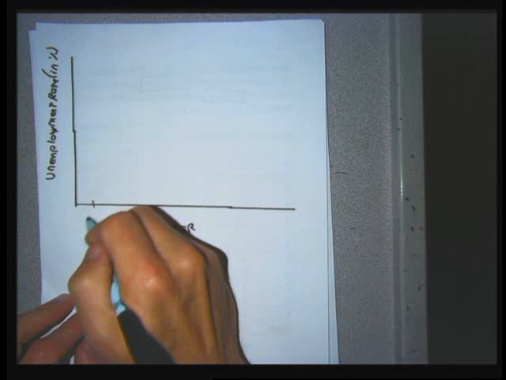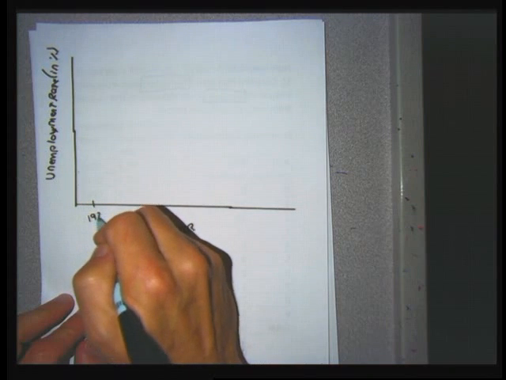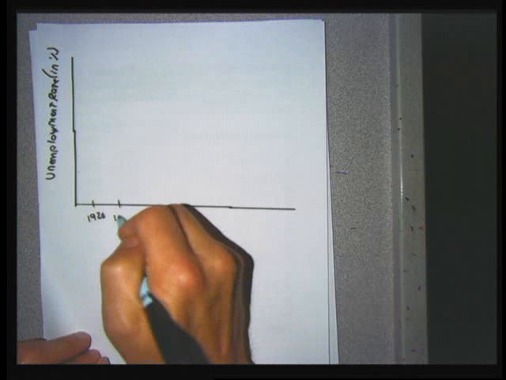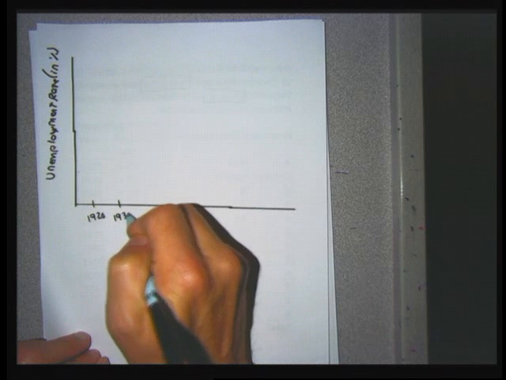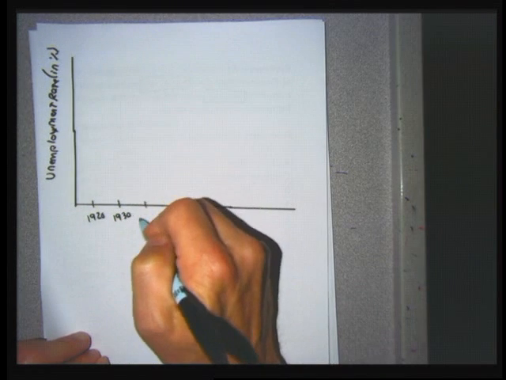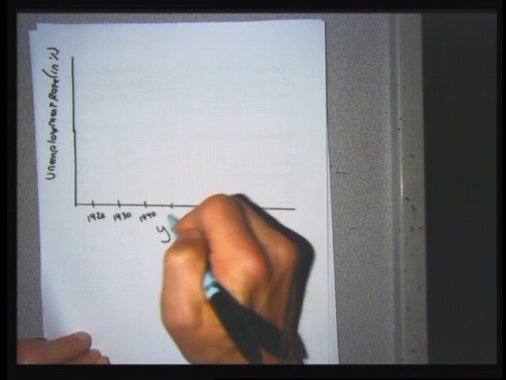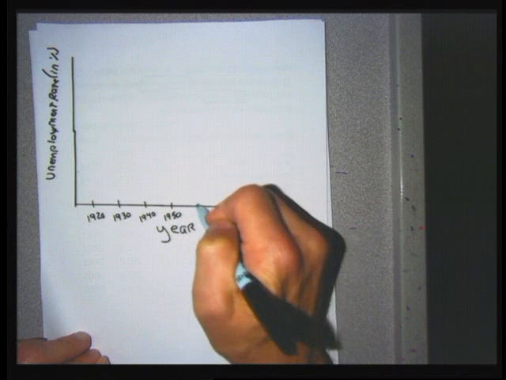On the x-axis, I'm going to take the numbers 1920 all the way up to 2010. When you're having Excel make the graphs, having this many points isn't a nuisance, because Excel draws the graph for you.